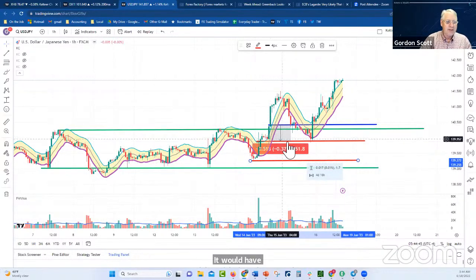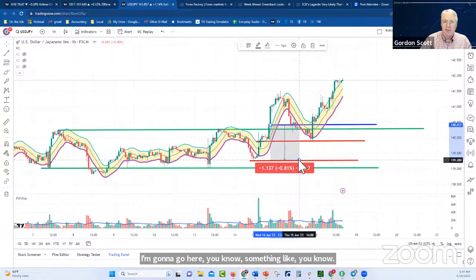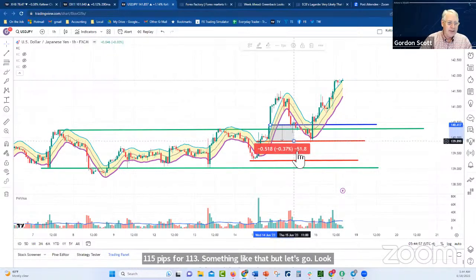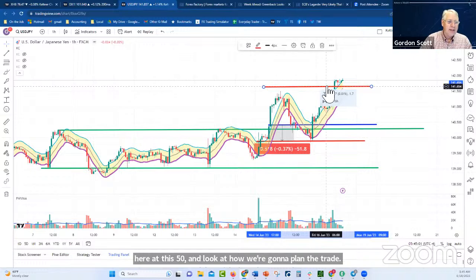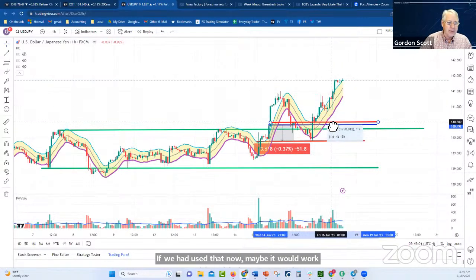If I had said, okay, how far back am I going to go? I'm going to go here. Something like 115 pips or 113 pips, something like that. But let's go look here at this 50 and look at how we're going to plan the trade if we had used that. Now, maybe it would work. Here's what we would do.